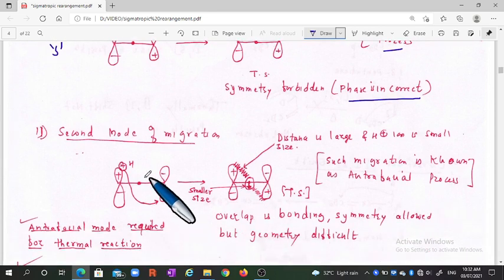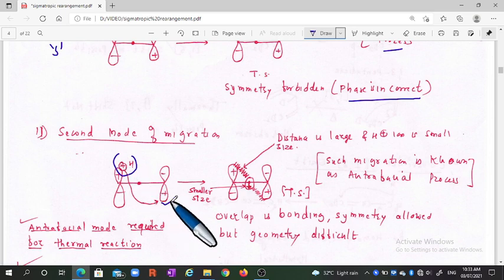In the second mode, the positive hydrogen will be moved to the second positive p orbital lobe. For such migration there is a long distance, as the hydrogen must migrate from this positive to that positive.